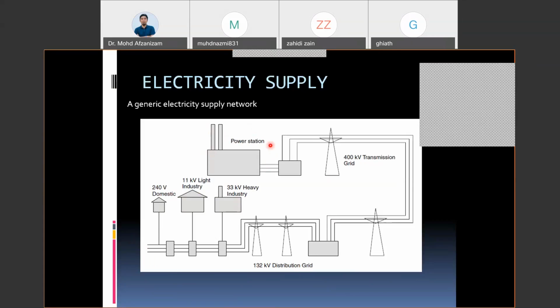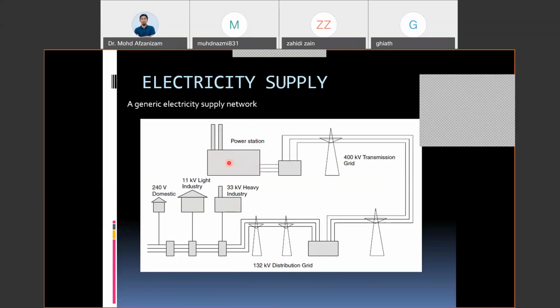It can be any power station. But normally in Malaysia, we go for the steam power plant and also the coal power plant. So the idea is the main source of the power station to be distributed across the country.